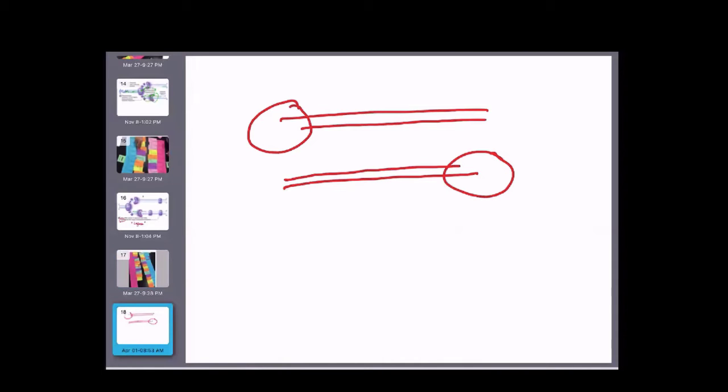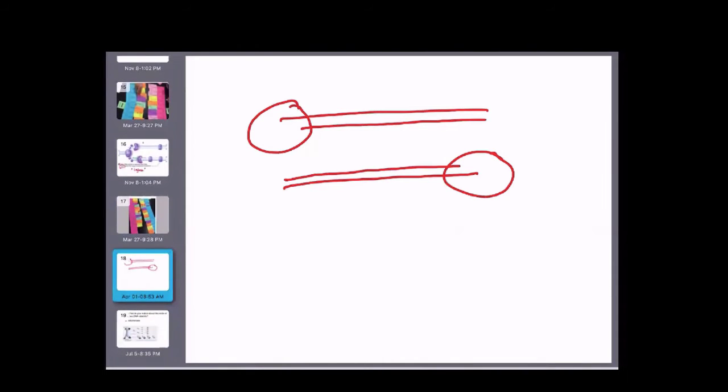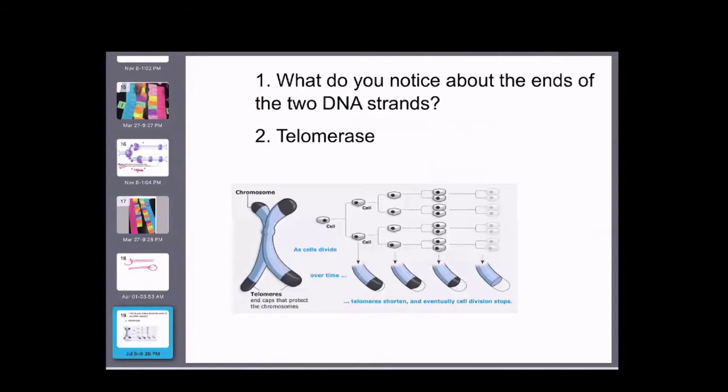So what does this mean for our cells? In our human chromosomes, we have 23 pairs of chromosomes. So think of them as a linear piece of DNA. And what happens is the ends get shorter and shorter.